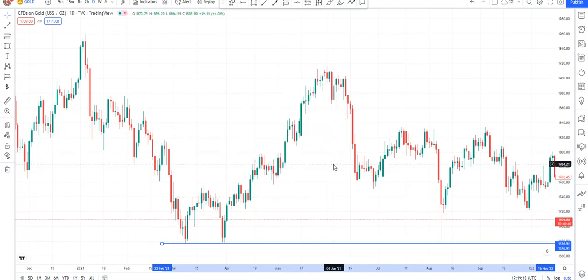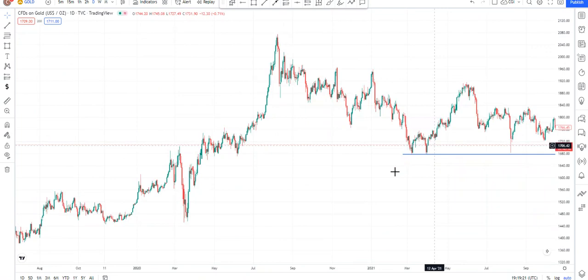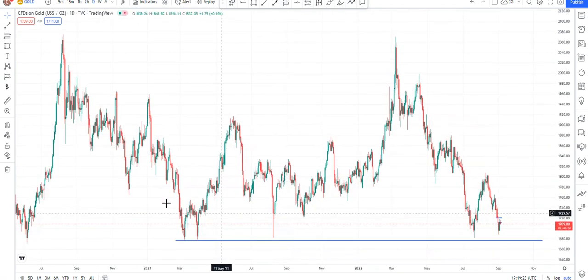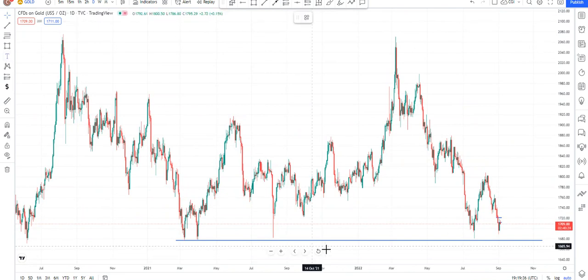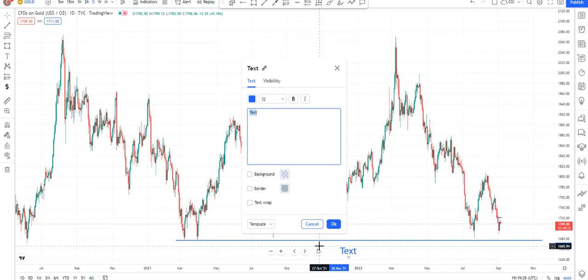So what you want to do is be going back in time. All these things now, you will take a picture of this. You might put a text here, call it equal lows.